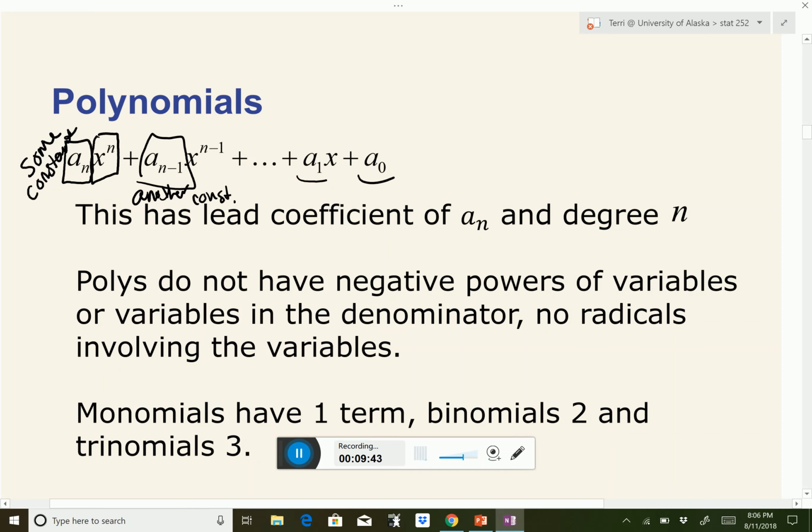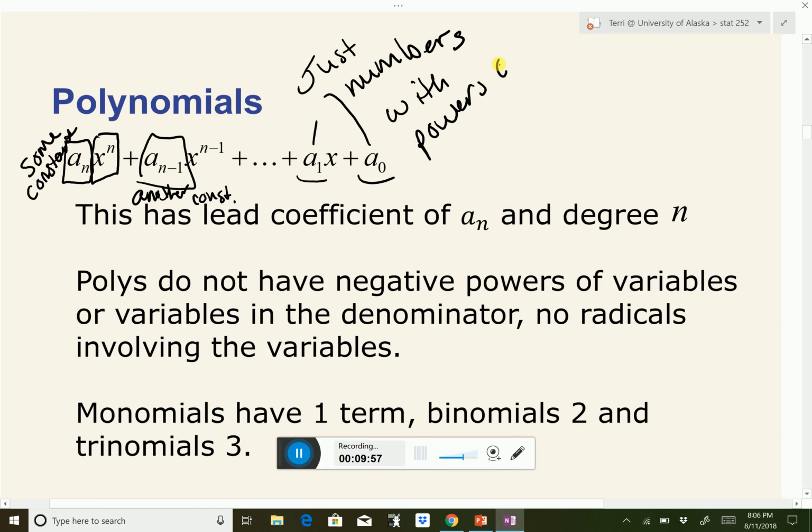These are just numbers. And what we have here is we have powers of x. Just numbers with powers of x. And then added together. That's basically what we have.